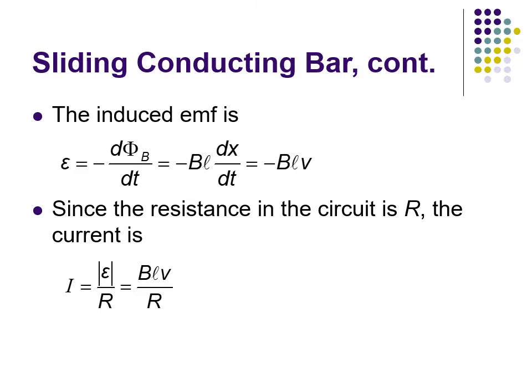So it's negative BLv. And again, the negative is an application of Lenz's law, just saying it's got to be the other direction to counter the change in the flux. So the induced EMF will be opposite so that it can induce a current that creates a magnetic field that will counter the changing magnetic field, because it wants to keep it where it was.